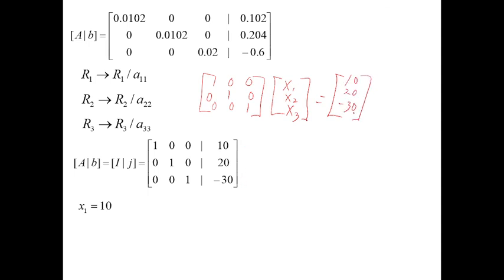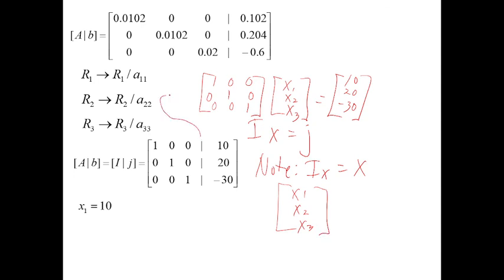This is Ix equals J. Note that Ix equals x, because it is an identity matrix, so it is simply x. So when that happens, you don't need to write that out. Just go straight to x1, x2, x3 equals 10, 20, negative 30.